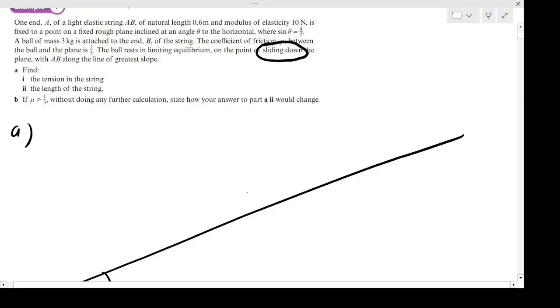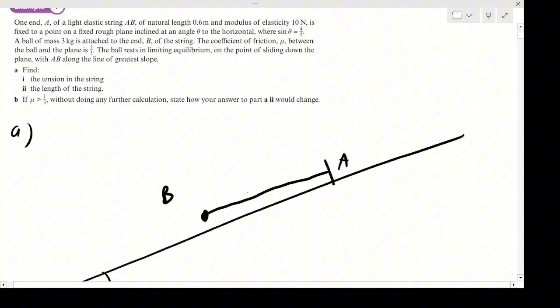So actually A is going to be the fixed point up the slope, then the string's going to hang down, and then the particle at B. Hopefully that made sense, because I'm told the ball is sliding down. The ball needs to be at the further end of the string for this to make sense.